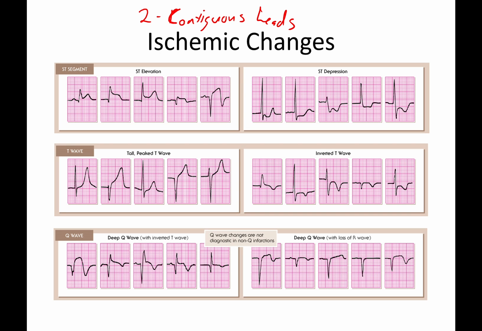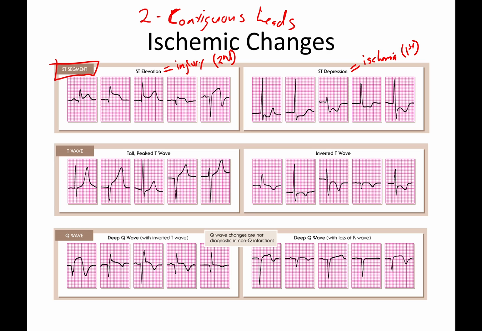So let's talk about ST segment stuff first. And so you have ST elevation, which essentially equals injury. And that's kind of your second stage. And then you have ST depression, which equals ischemia, which is your first stage.